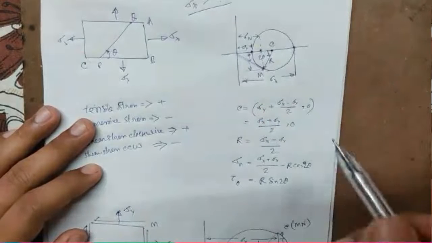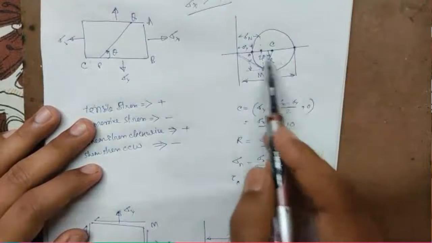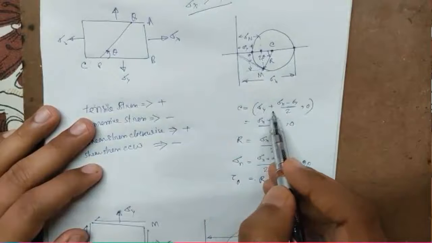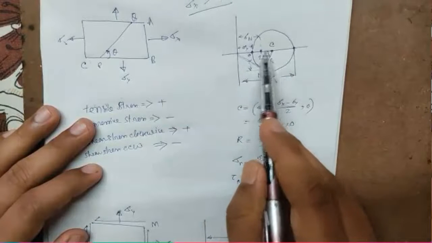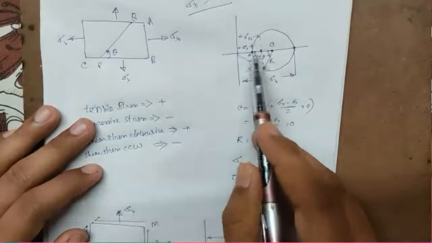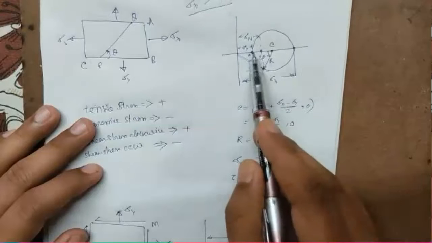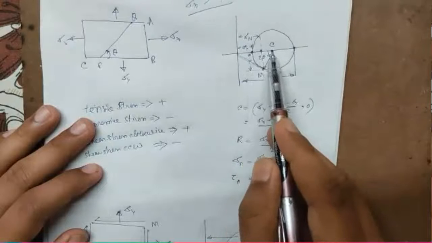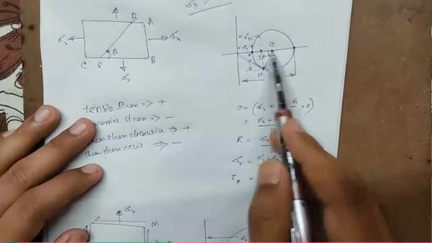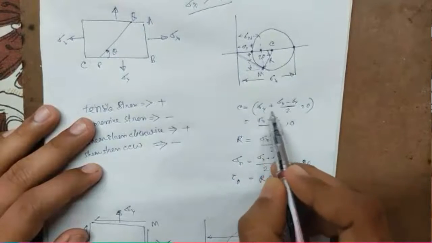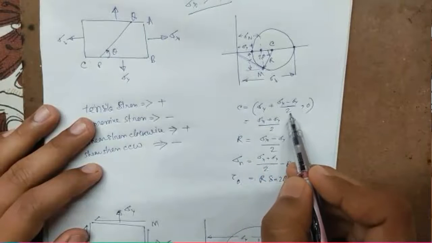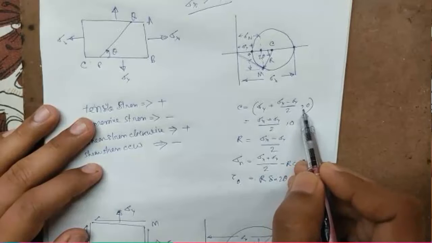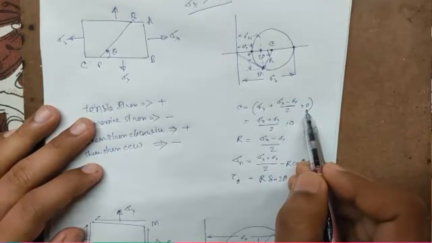Now, this much is sigma y, we have written sigma y, plus the radius of the Mohr circle is how much? This is sigma y, this is sigma x. So this much is sigma x minus sigma y, and this much is sigma x minus sigma y by 2. So sigma y plus sigma x minus sigma y by 2, and there is no shear stress, so that's why it is 0.